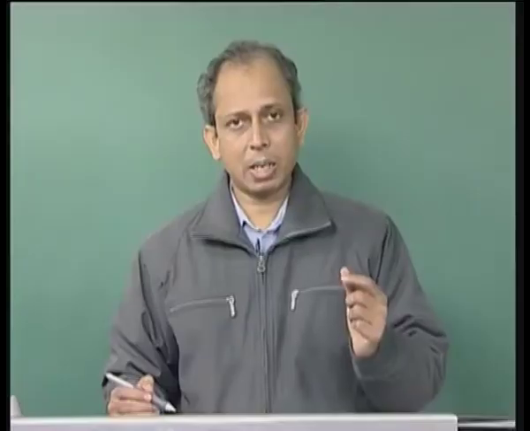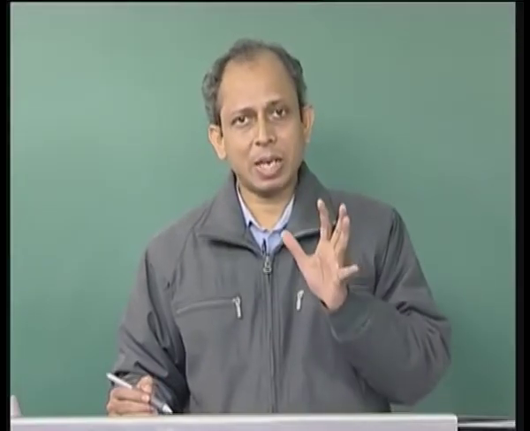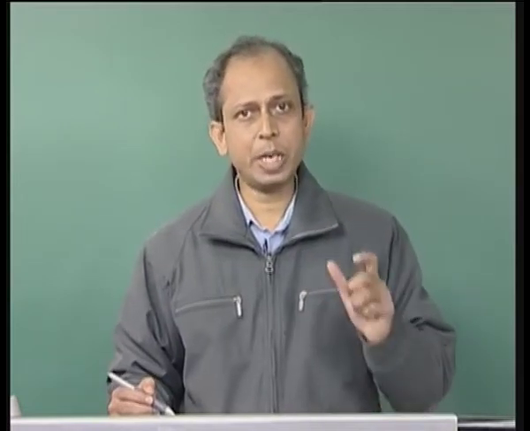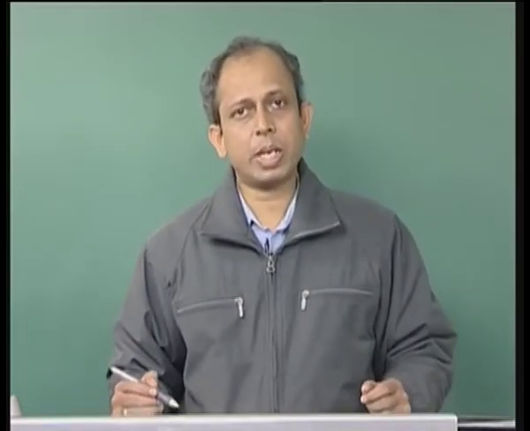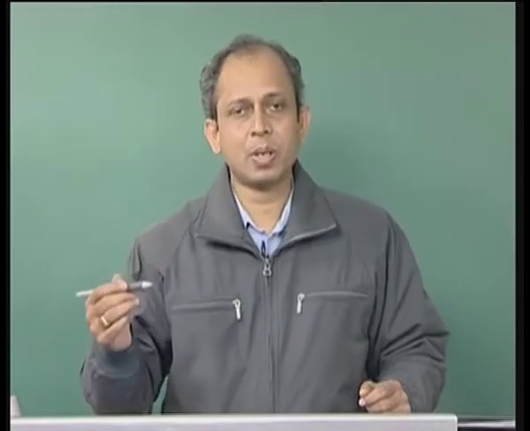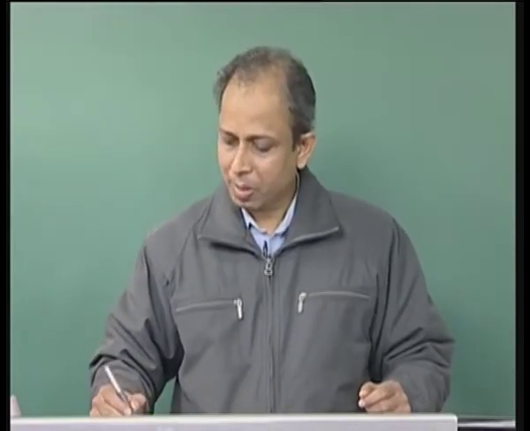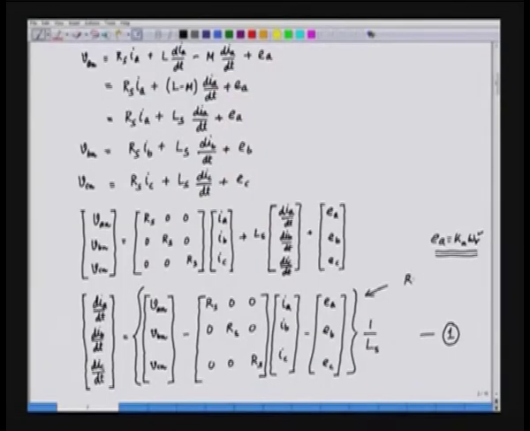Now, here we can understand that the electrical variables vary at a much faster rate. Speed is a mechanical variable. So, we can afford to solve the electrical variable with a better integration method. So, these three equations can be solved by Runge-Kutta fourth order technique.